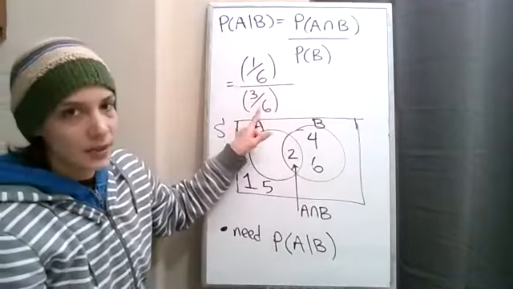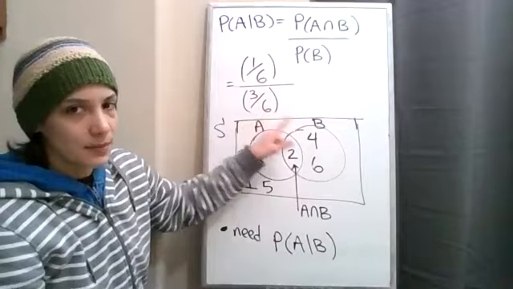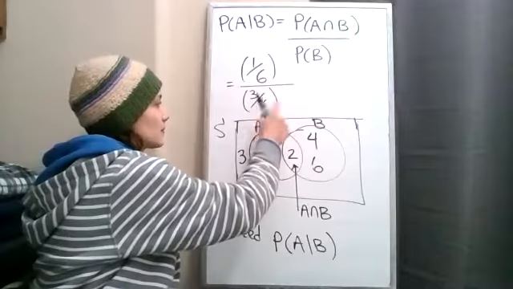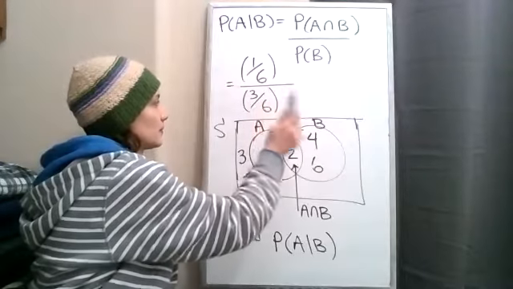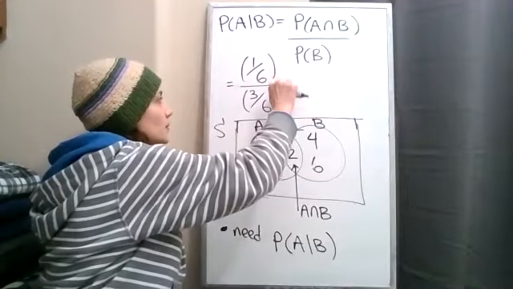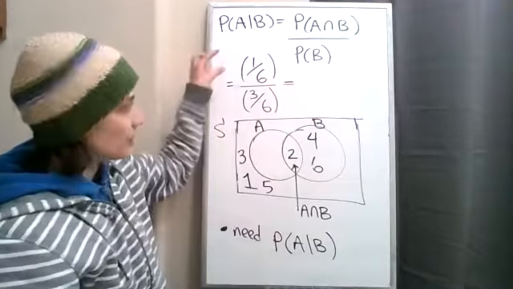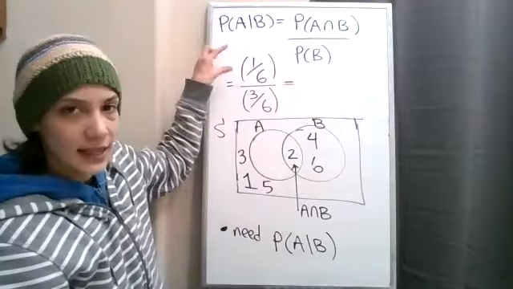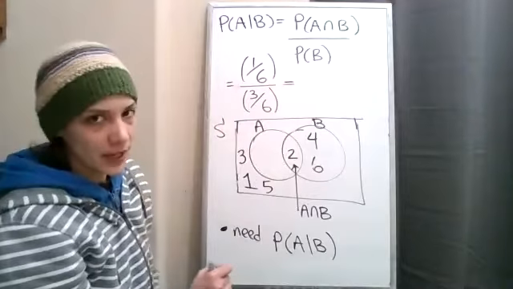Divide by the number of outcomes in the full space. Take that top fraction, divide by another fraction means we multiply by the reciprocal of that bottom fraction.